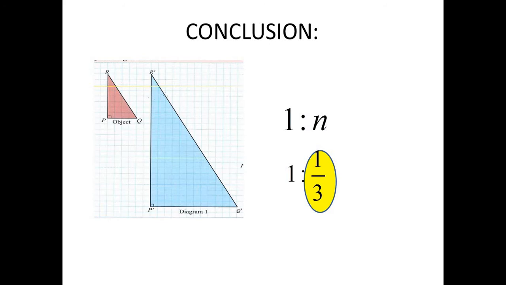What is the conclusion here? Refer back to our first diagram just now. Our ratio is 1:1/3, meaning n is equal to 1/3. What does it mean?